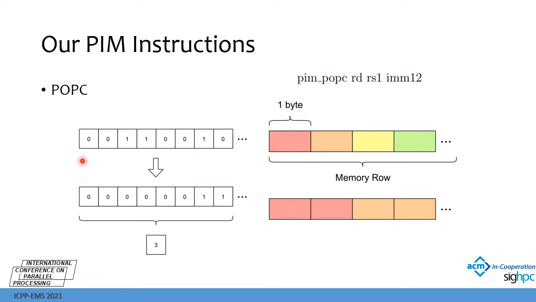In this case, the number of 1s is 3, so the output will store the number 3. There is also an immediate field in our instruction format. This immediate sets the length of the operating unit. If the length is set to 1, then you operate on 1 byte. If the length is set to 2, then you operate on 2 bytes, which is 16 bits.